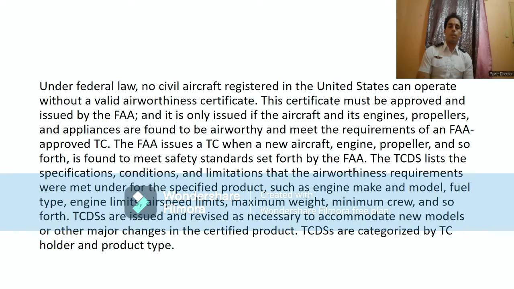TCDS are reissued as necessary for a new model or another major change in the certificate. Thank you so much.